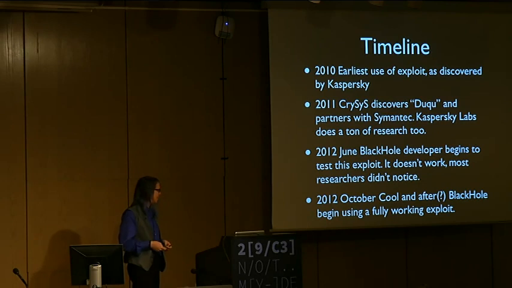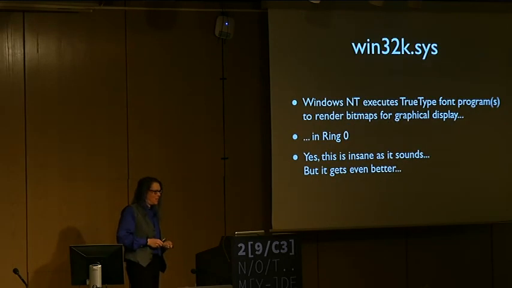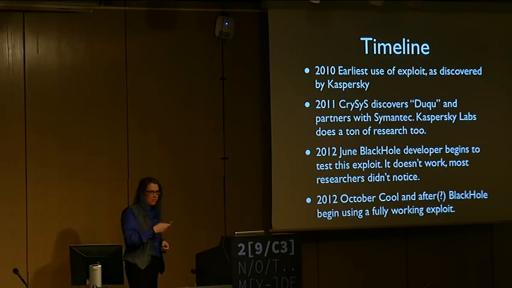But looking at the current exploit in the kit and looking at the prototype back in June, it's clearly direct code lineage. So most of the slides I wanted to stick in here were going to be up at the front, because that's other background on the stuff.